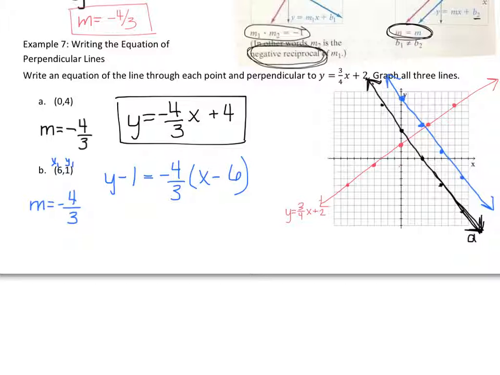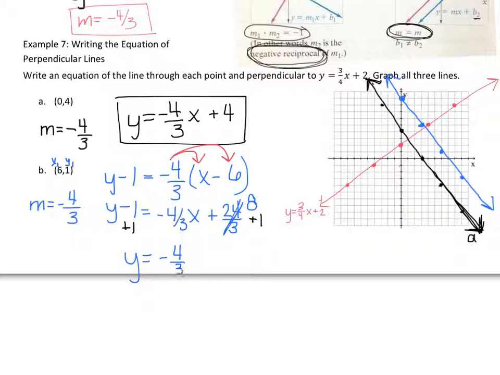So let's distribute the negative 4/3. y minus 1 equals negative 4 over 3x. Negative times negative is positive 24 over 3. What's 24 over 3? 8. And then we just need to add 1 from the left side to the right side. If you look, that should be the y-intercept on your graph.